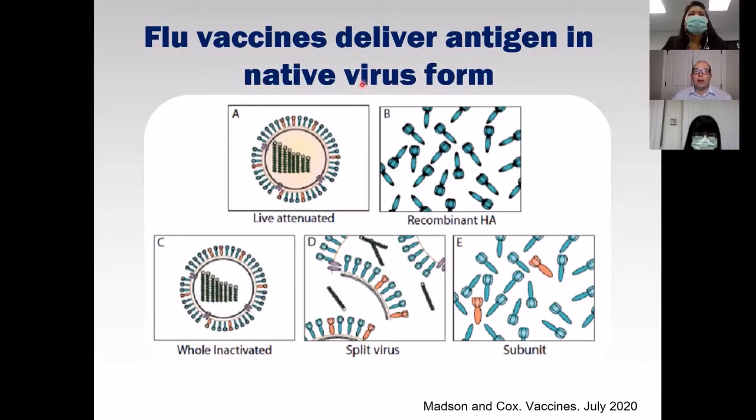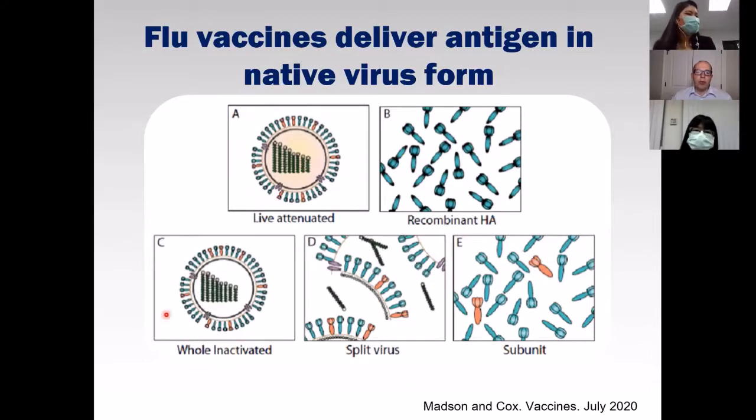The one that's perhaps a little bit different is this recombinant protein version of the flu vaccine. This is a vaccine that's licensed in just a few countries, where that hemagglutinin molecule is expressed in baculovirus systems, and that is the basis for the vaccine. But more traditionally, in these other cases, like the live attenuated vaccine, we essentially grow up the influenza virus, it expresses that hemagglutinin on the surface, and we present that to the immune system in the form of a live attenuated virus or some inactivated virus.